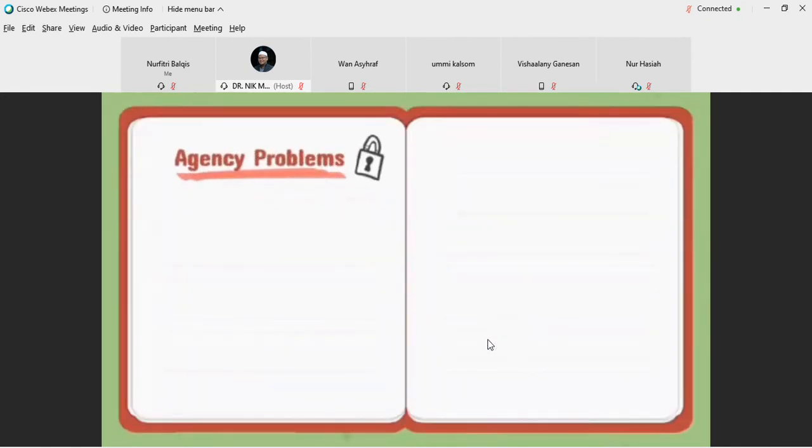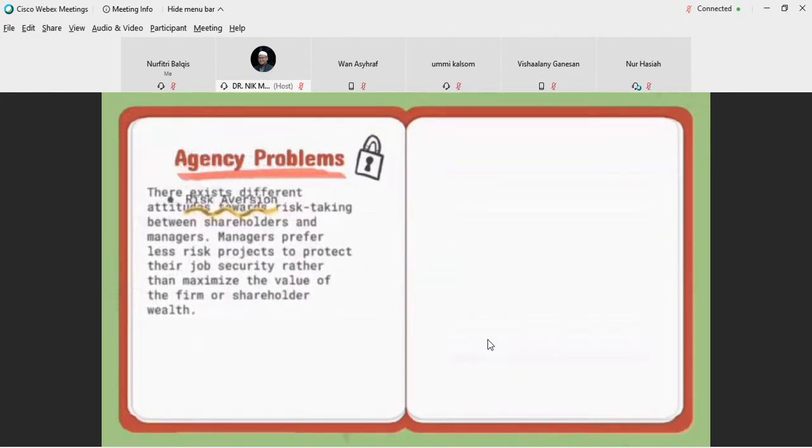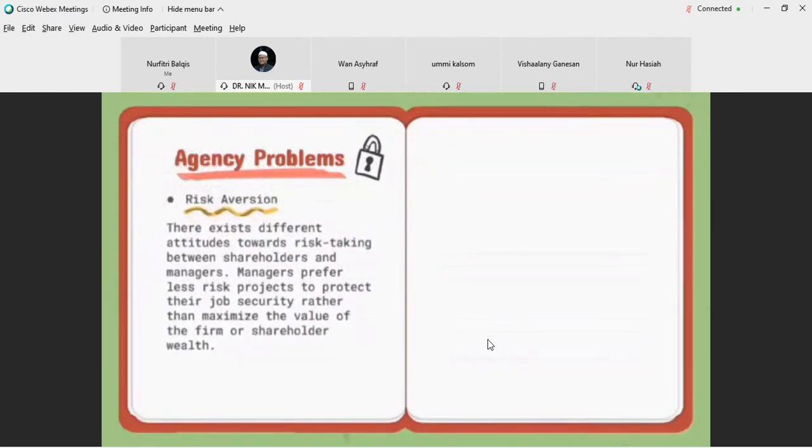The three agency problems are as follows. Risk aversion. There exist different attitudes towards risk-taking between shareholders and managers. Managers prefer less risky projects to protect their job security rather than maximize the value of the firm or shareholder wealth.